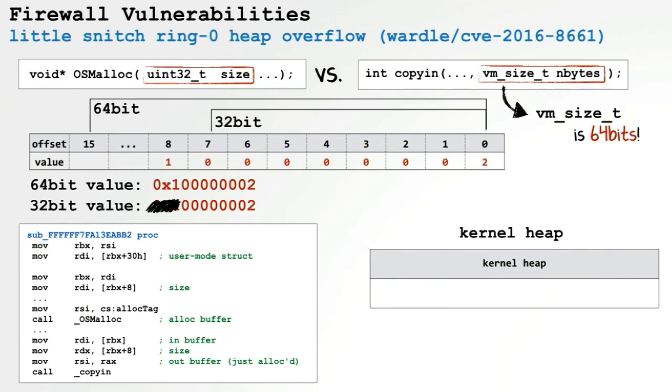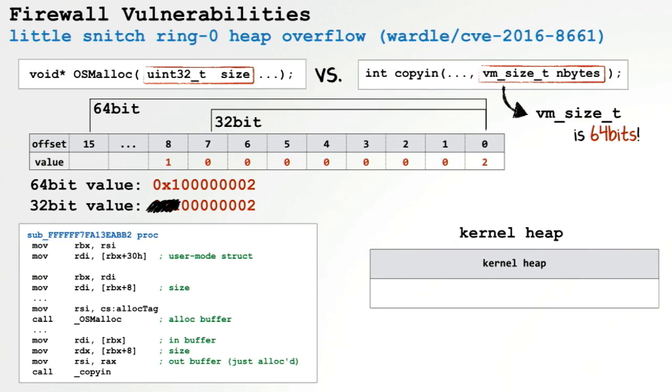All right, so now on to some real issues. Firewalls are obviously rather complex pieces of software. They run with elevated privileges in root or in the kernel, and unfortunately they're often not as well written as the operating system nor as audited. So they make great targets for looking for local privilege escalation vulnerabilities. So a while back, I found a kernel bug in the Little Snitch firewall driver.